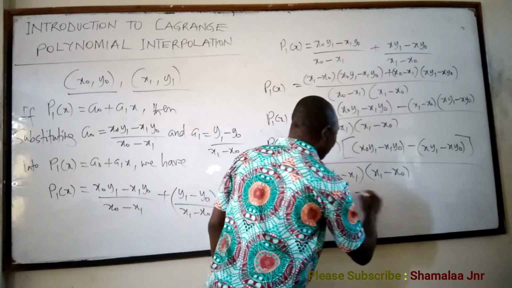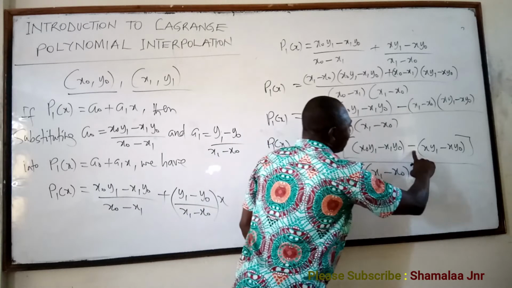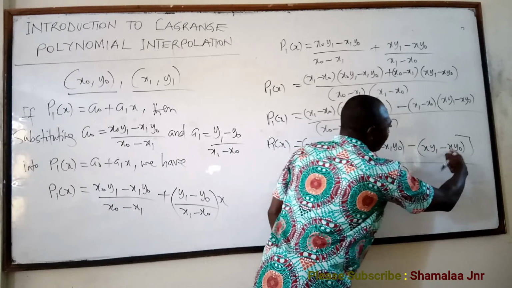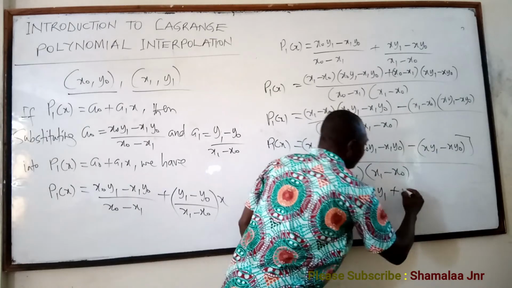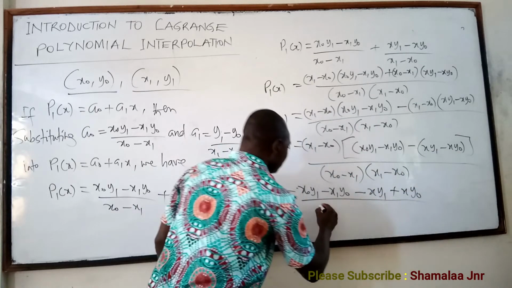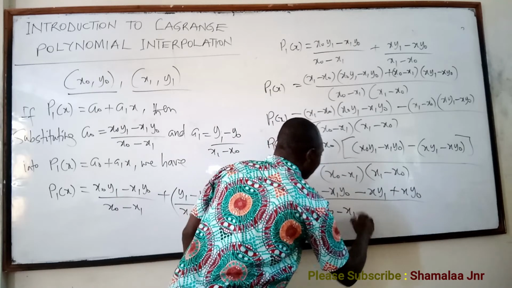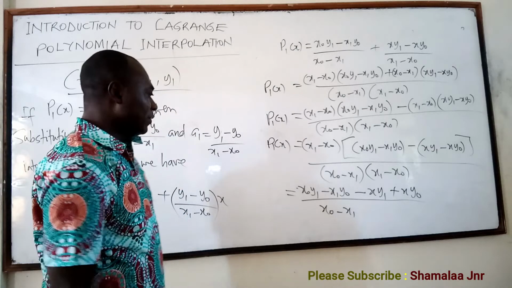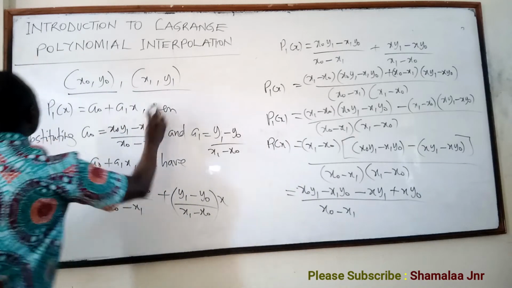Isn't it? Minus, let's expand this, x y1 negative 1 times negative x y0. So this one will be positive. Negative times negative is positive. So x y0 positive. All over, you see, this one has cancelled this. So we left it s0 minus s1. Isn't it? Right, yes.